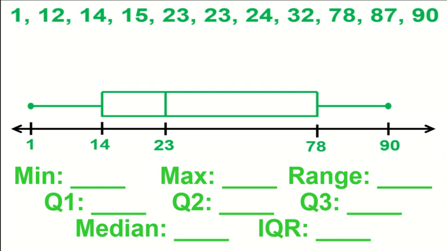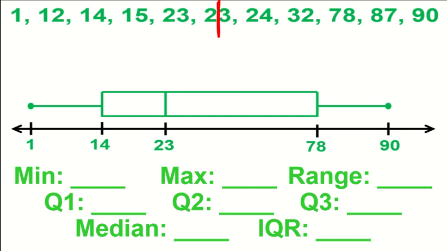All right, so this one's not on your paper, but here's what we've got. I've got some data listed from least to greatest, okay? In this case, I've got 11 pieces of data. So if I'm trying to find the median, that means my median is going to be right here.